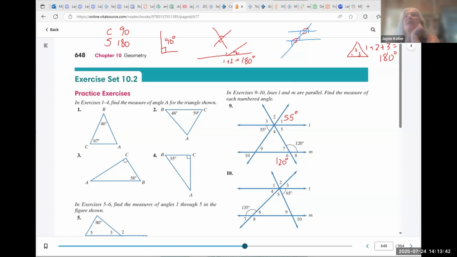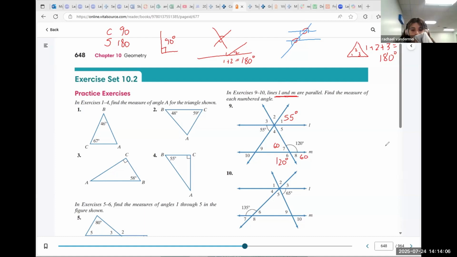And what about any of these that make a straight angle? 120 and 7, so that would be 60. And wouldn't that be the same thing for 8, because they're vertical angles? That's right. And then we know L and M are parallel.